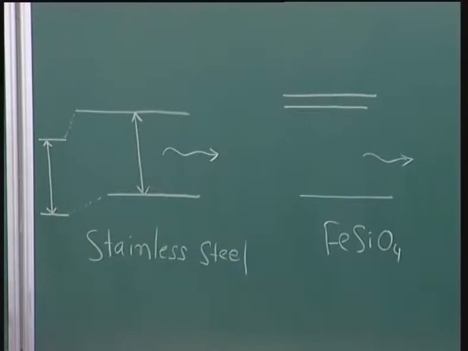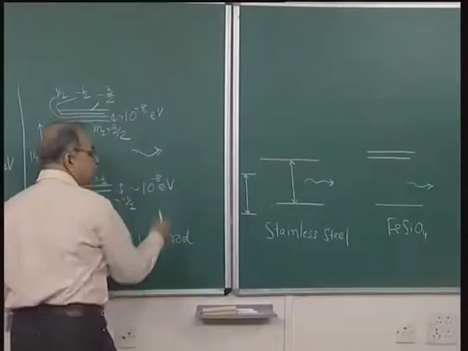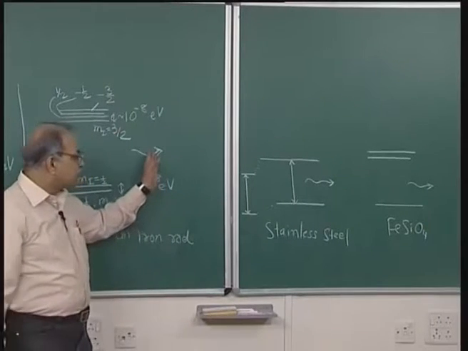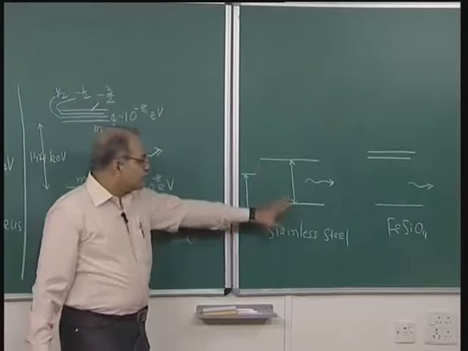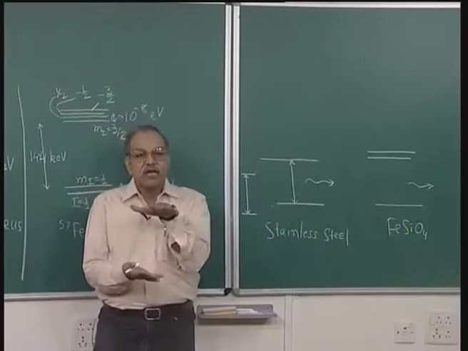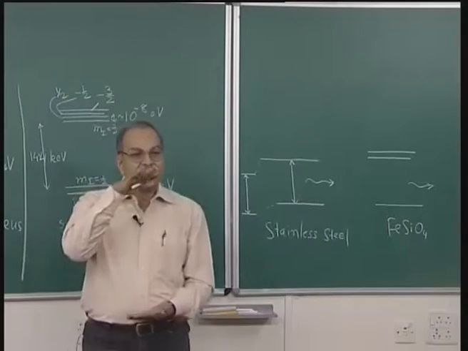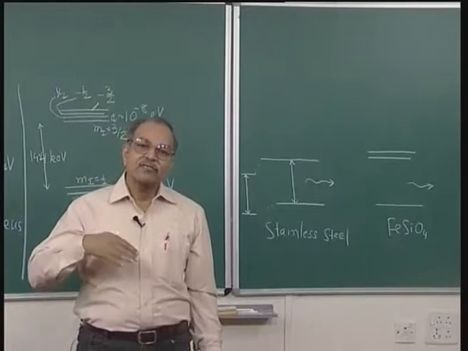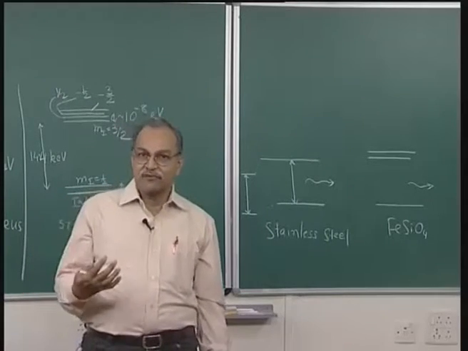What we have in experiments are these gamma rays, and the gamma ray energy is the energy difference. So instead of the pure isolated level difference, we have slightly less or slightly more energy of gamma rays.